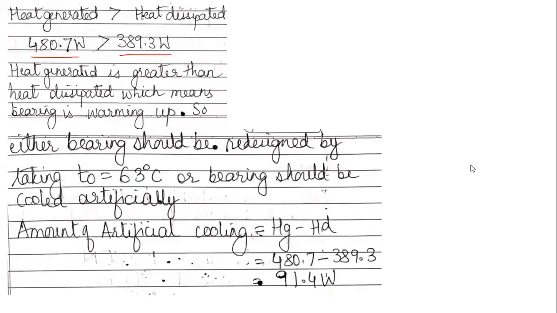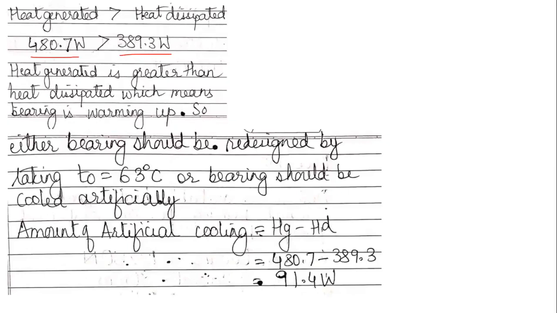Very quickly, let us calculate amount of artificial cooling. But before that, you should understand that if heat generated is greater than heat dissipated, it means the bearing is warming up. So you should keep this in mind. Either the bearing will be redesigned and temperature should be taken 63 degrees C, or the bearing should be cooled artificially.